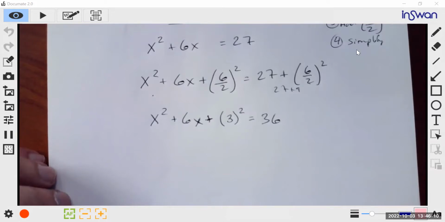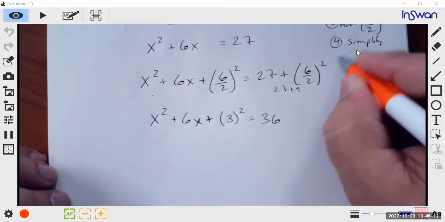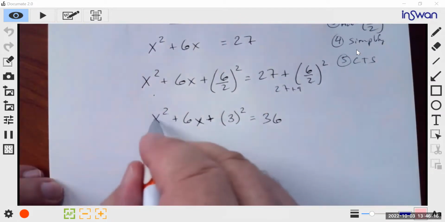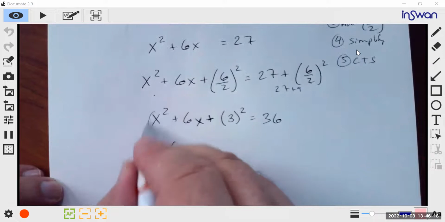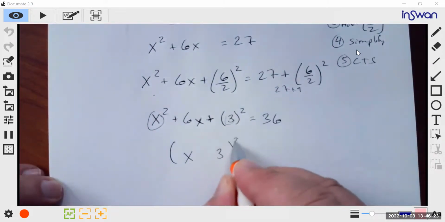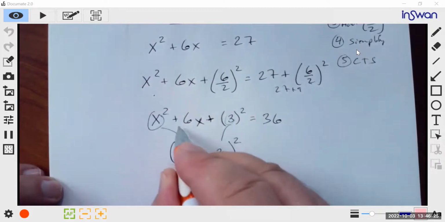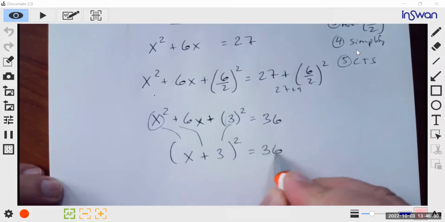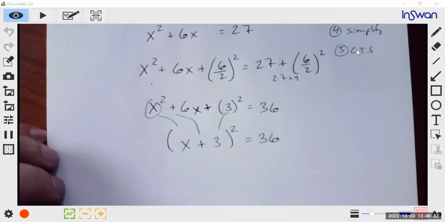Now what do you do? Complete the square. On the left-hand side, whatever's under the squares and the first sign go inside the parentheses.